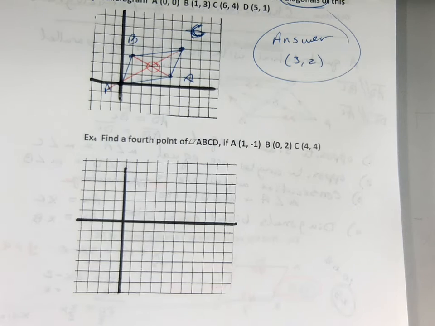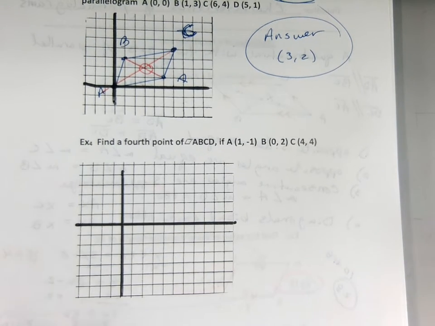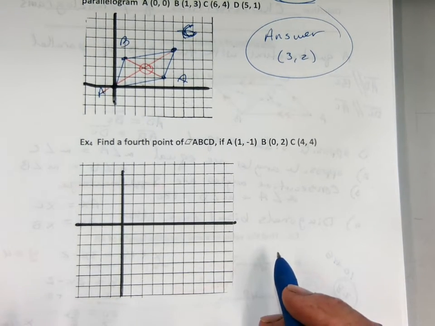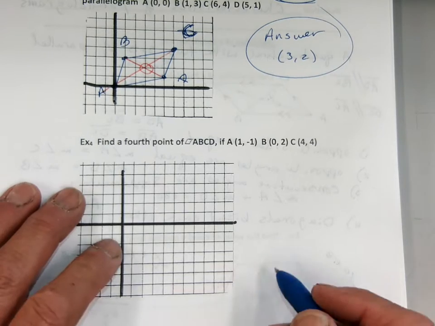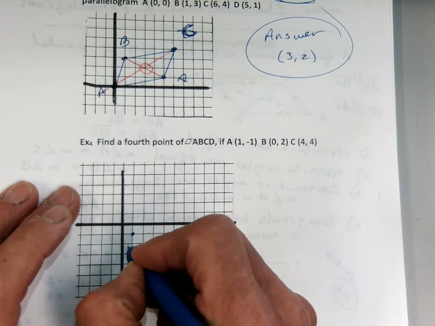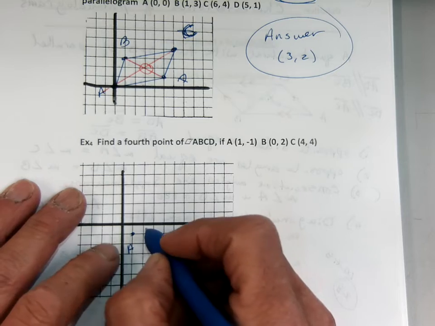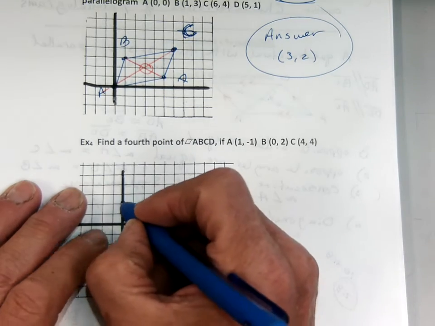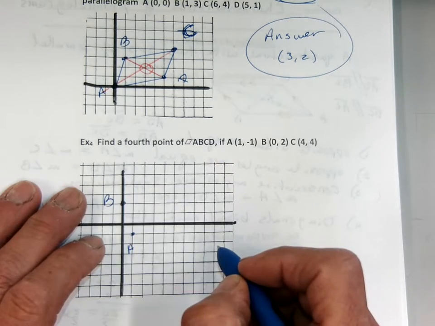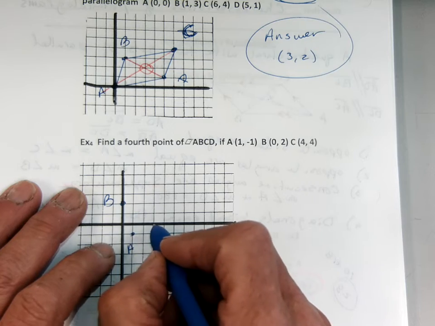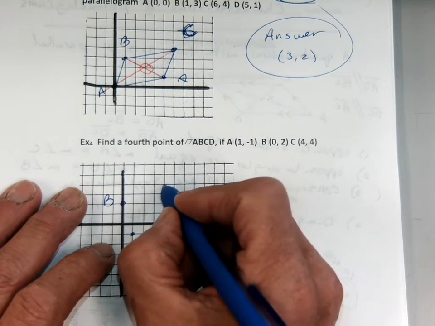All right. Example 4. Let's see. So let's graph 1, negative 1. There's A. 0, 2. There's B. 4, 4. 1, 2, 3, 4.